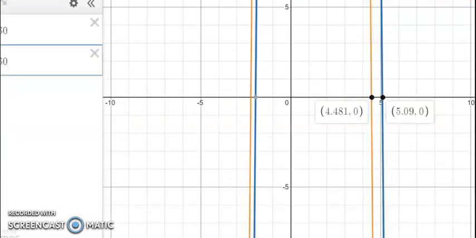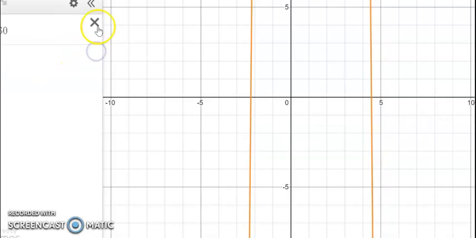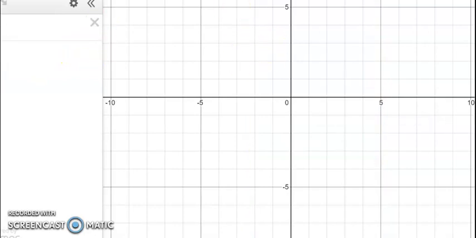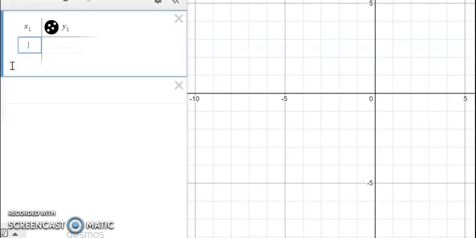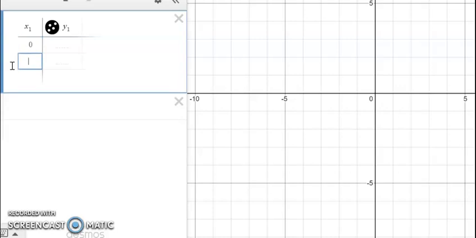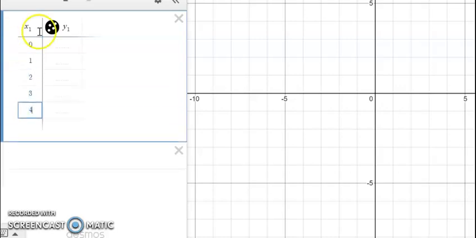So let's do that. In Desmos, we're going to go over here. I'm going to see if I can move this so you can see it. We're going to add a table, and we have 0 through 4. Then our y values were 0, 66, 100, 102, and 72.